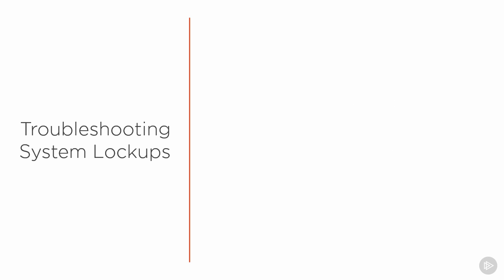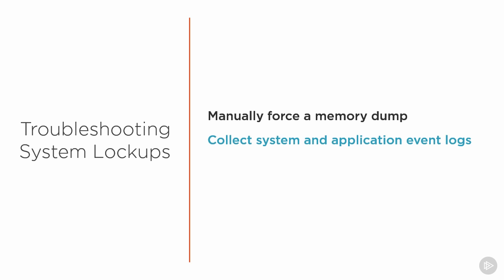Here are the main three things you'll want to do when you're troubleshooting system lockups. First, you'll want to manually force a memory dump. Up until now, the operating system has crashed automatically whenever it encountered a condition or a fault. This time, when the system locks up, you're going to need to manually intervene and force a memory dump. The next thing you'll want to do when the system reboots is to collect system and application logs.